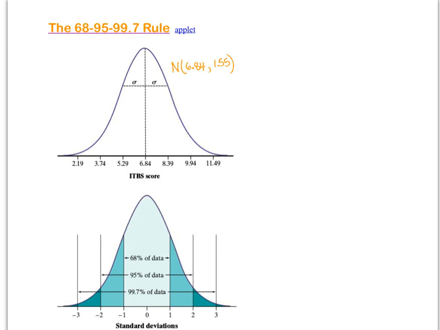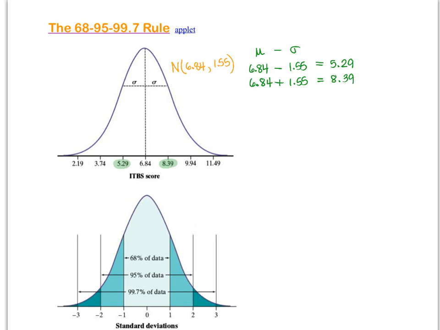We have some specific numbers marked on the axis, and I just want to go through what those are. If we start out with the mean and subtract the amount of the standard deviation, we get to 5.29, and that is the first number we see on the left of the mean on the graph. If we add one standard deviation, 1.55, to the mean, 6.84, we get 8.39, which is the first number to the right of the mean on the graph.